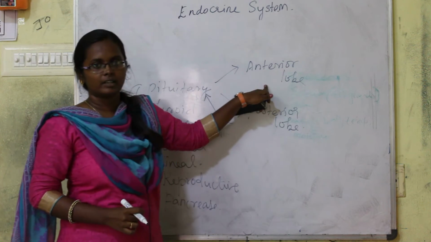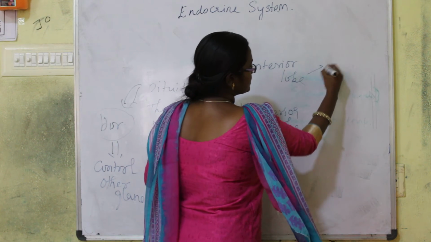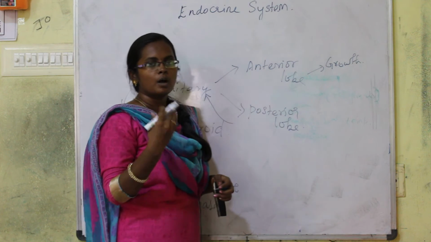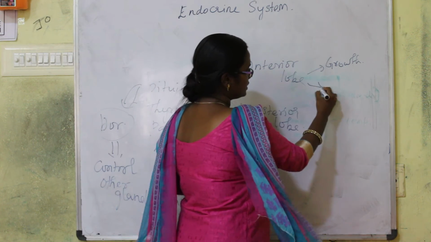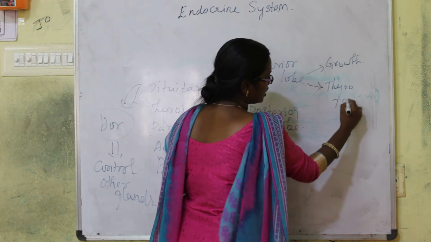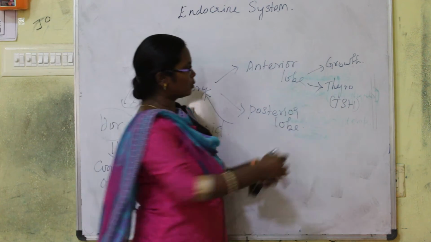In the anterior lobe there are 5 types of hormones. The first one is growth hormone, which is used for body growth. Second one is thyroid stimulating hormone, short form TSH. It stimulates our thyroid hormone.